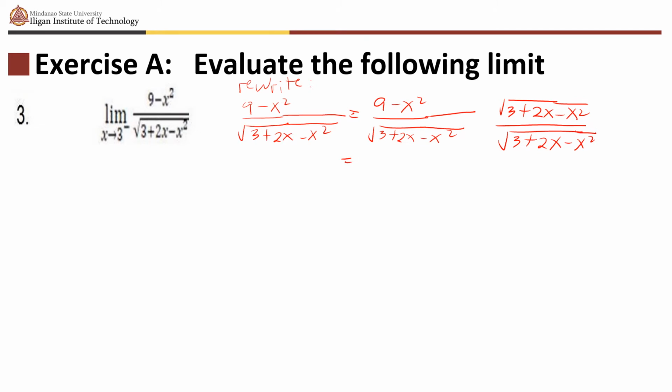This is now equal to 9 minus x squared times square root of 3 plus 2x minus x squared all over 3 plus 2x minus x squared.